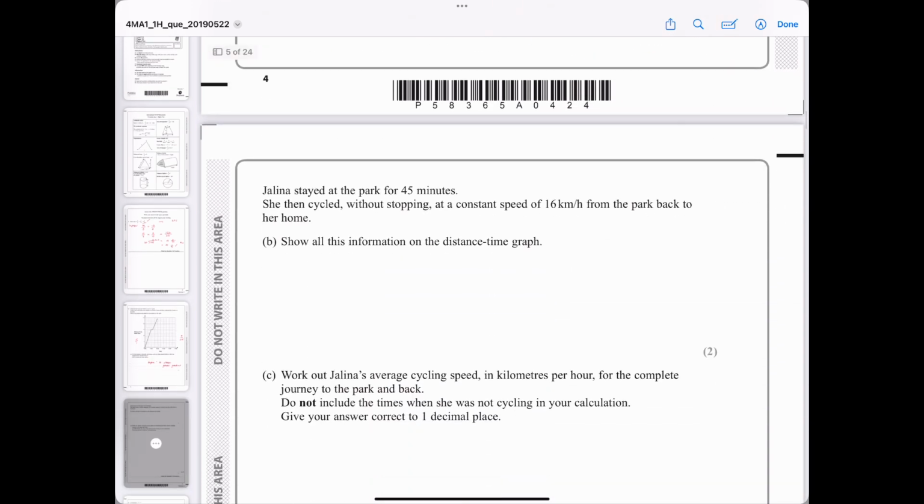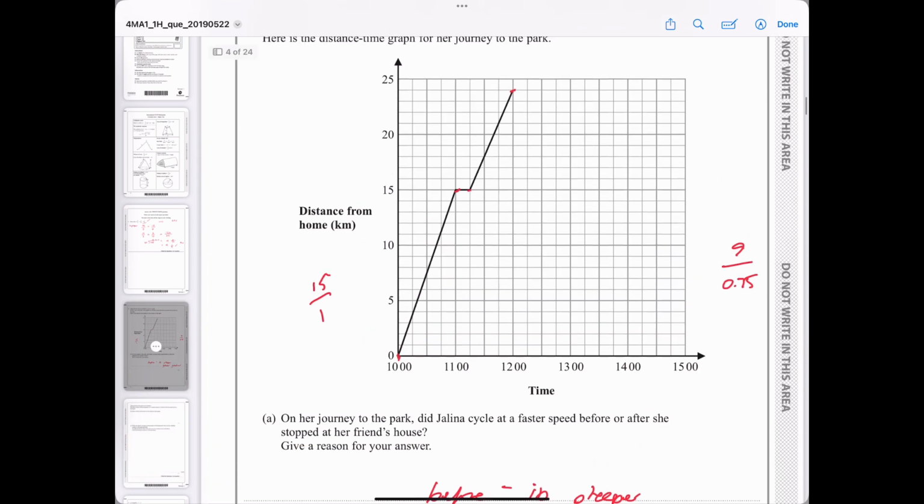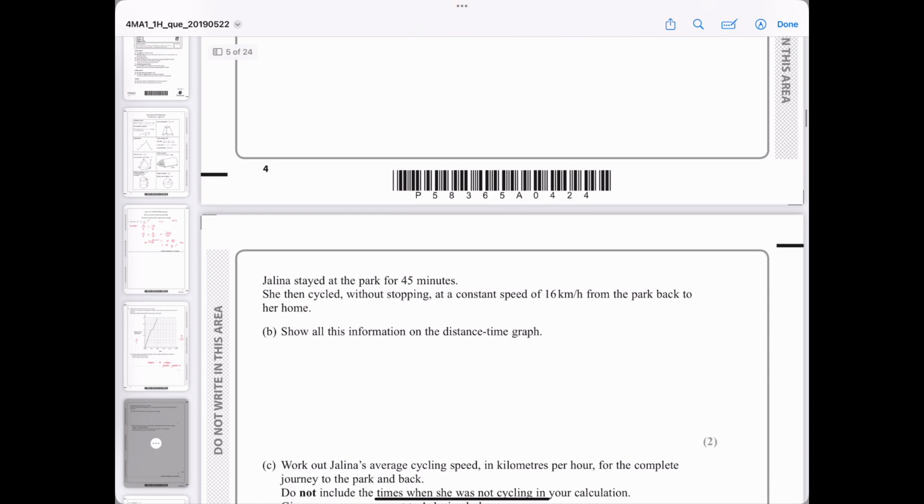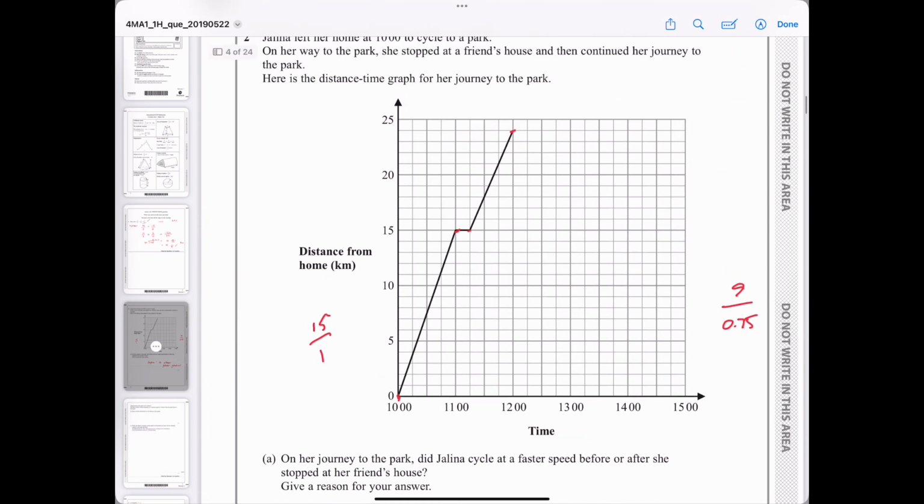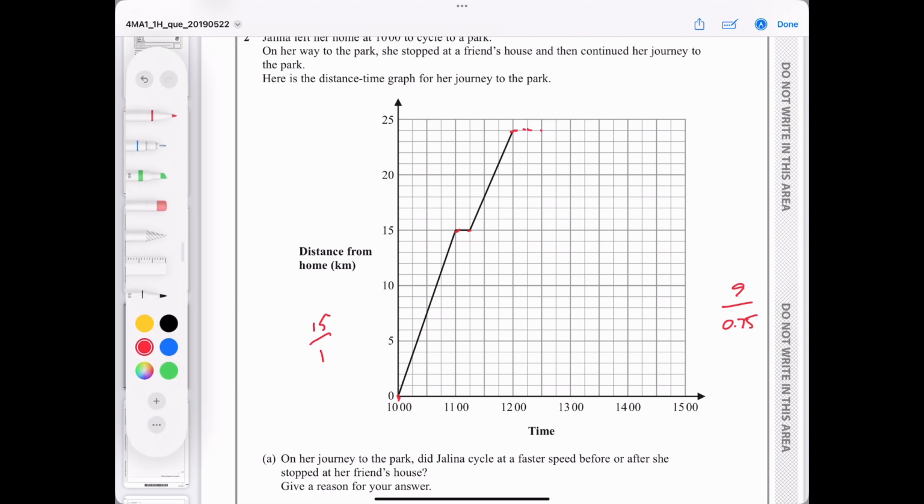Okay, Jelena stayed at the park for 45 minutes. She then cycled without stopping at a constant speed of 16 kilometres per hour from the park back to her home. Show this information on the distance time graph. Okay, so 45 minutes, it's now 12, and we need to go until 12:45.